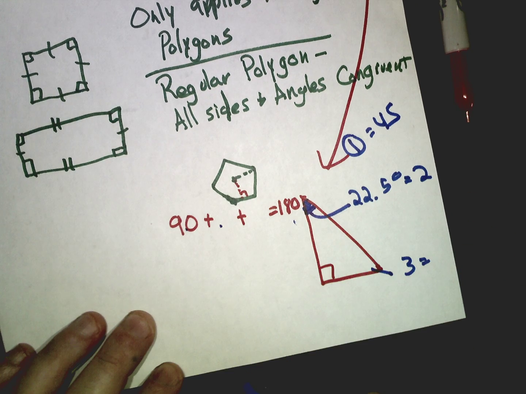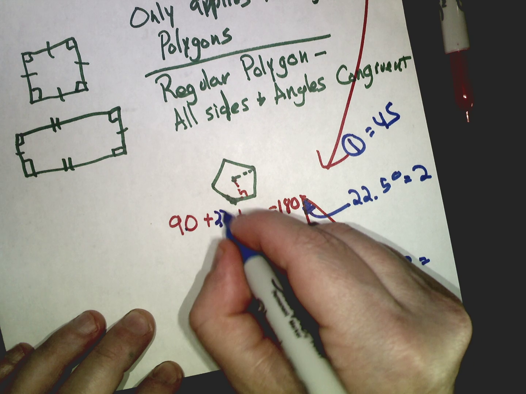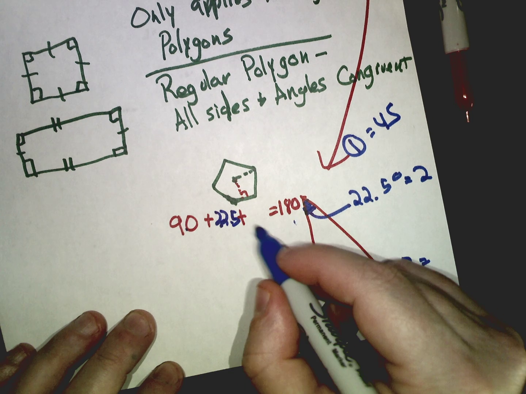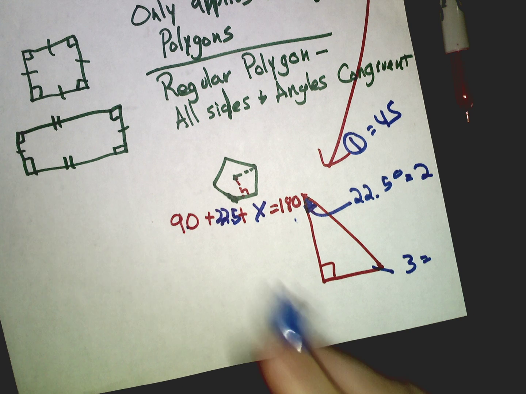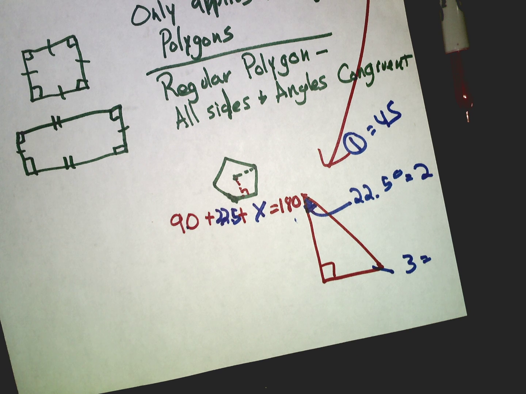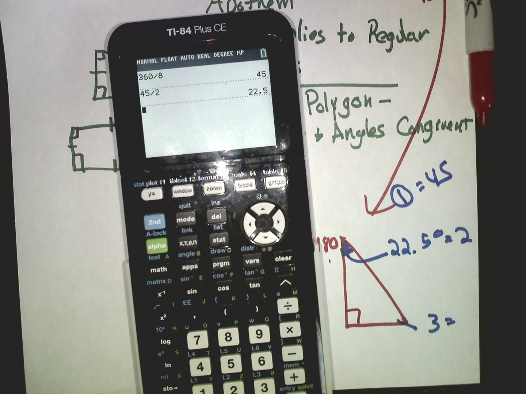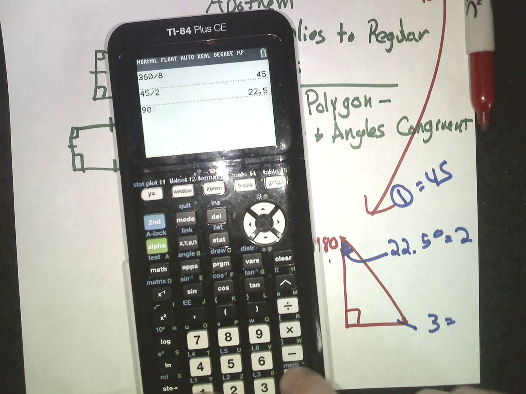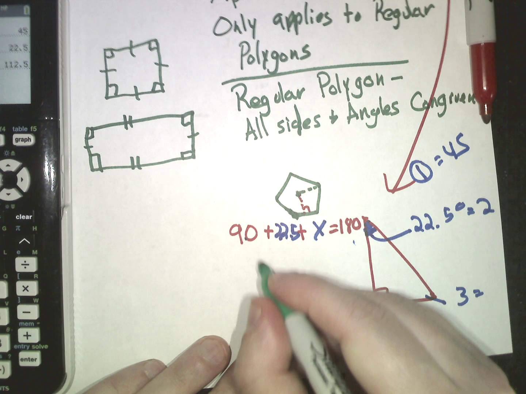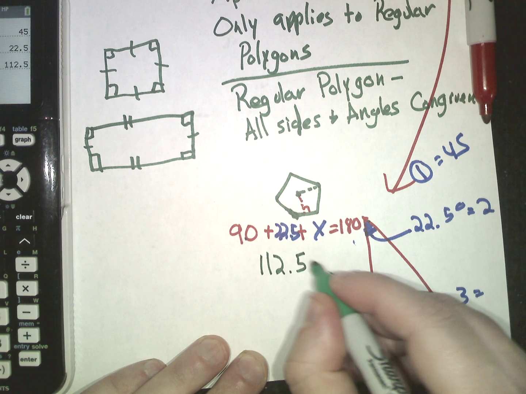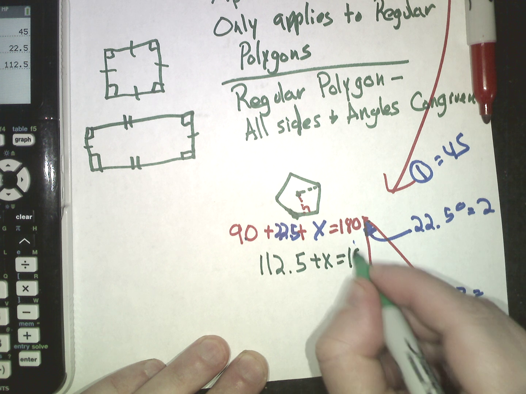Now, 90 plus 22.5, plus x, because that's what I'm going to figure out, equals 180. So 90 plus 22.5 is 112.5, plus x equals 180.